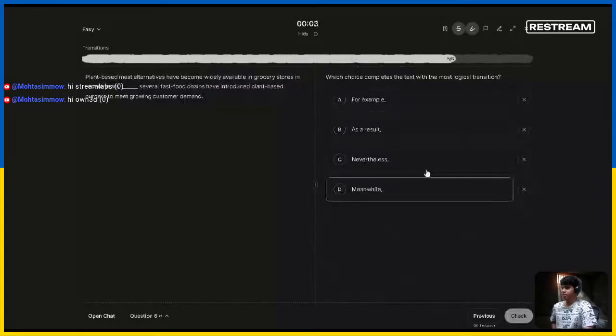Plant-based meat alternatives have become widely available in grocery stores in recent years. Blank, several fast food chains have introduced plant-based burgers to meet growing customer demand.